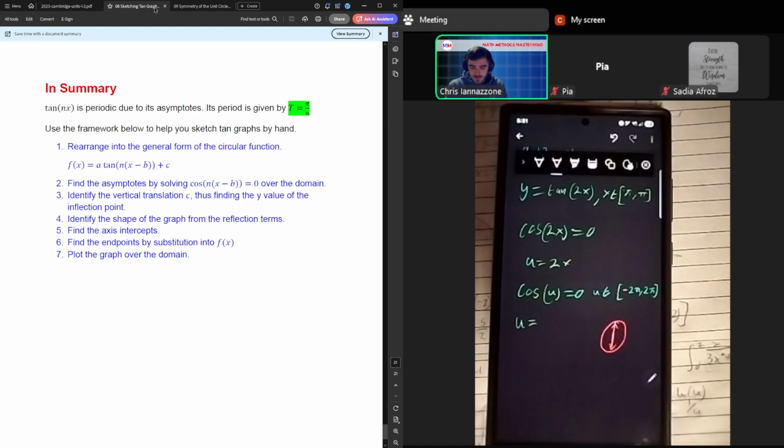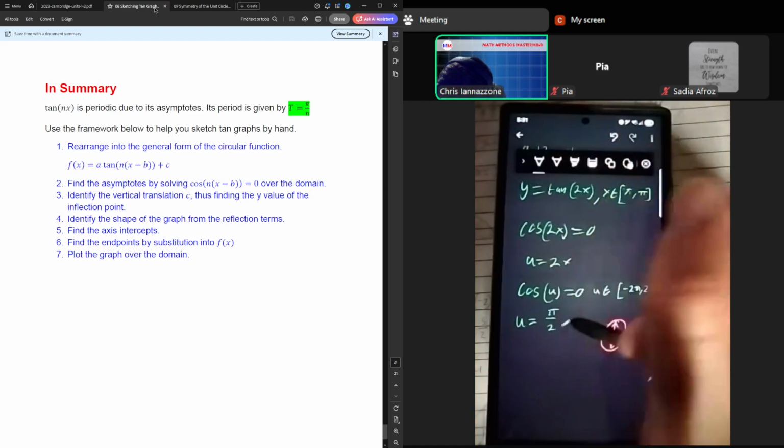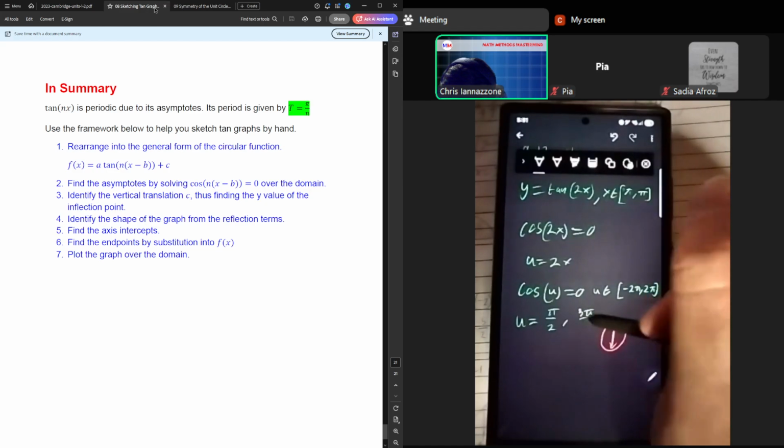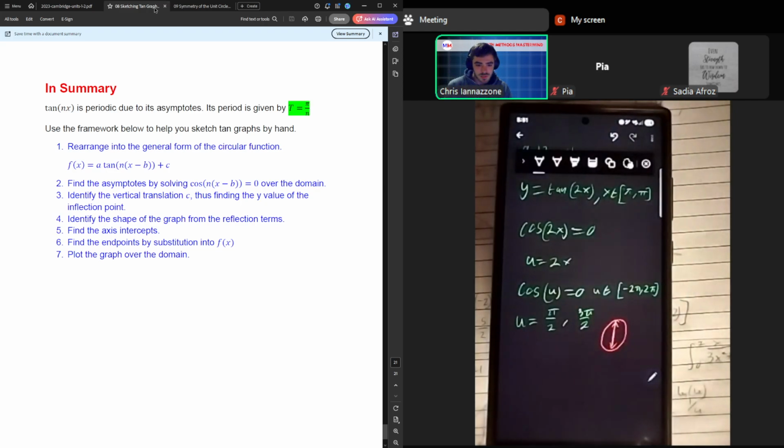Yep, pi on 2 is one of them. And 3 pi on 2. Yeah, correct. It's both of those. So you got pi on 2, you got 3 pi on 2. That gives us from 0 to 2 pi. That's pretty good. How do we get the other? Because you've got to go all the way to negative 2 pi as well. What's going on there?